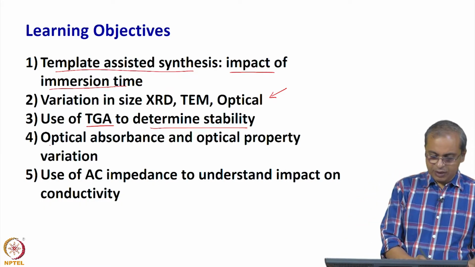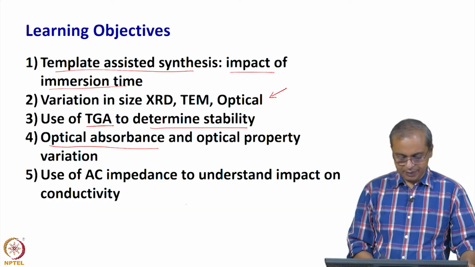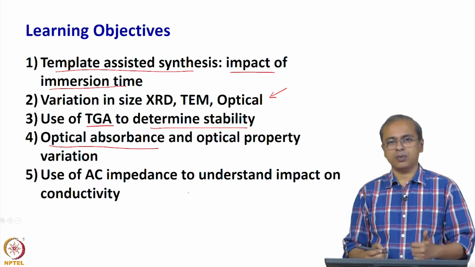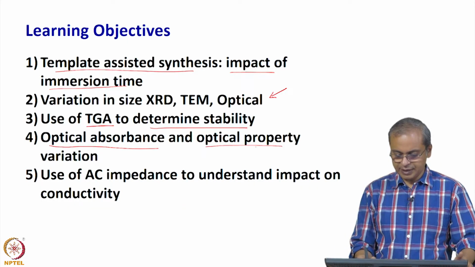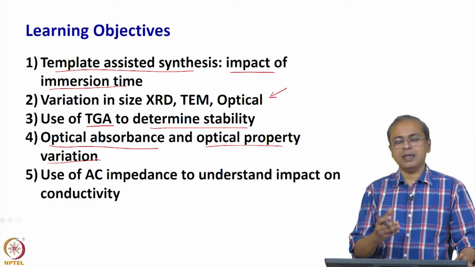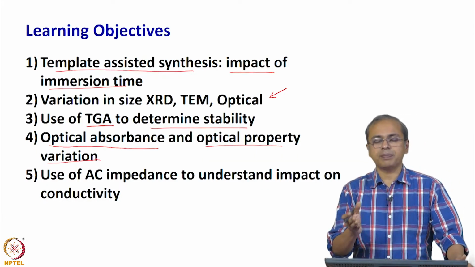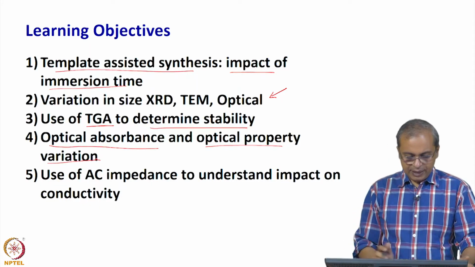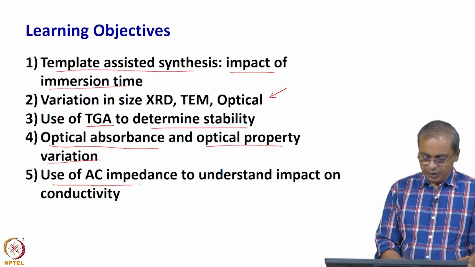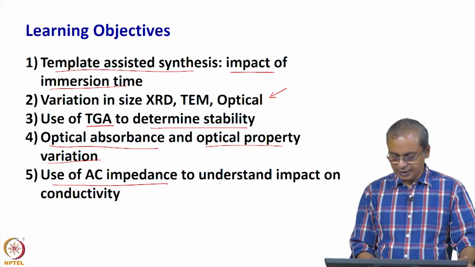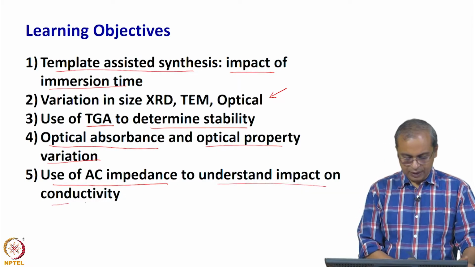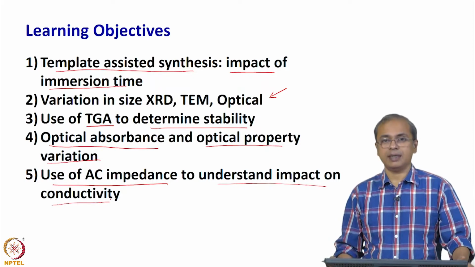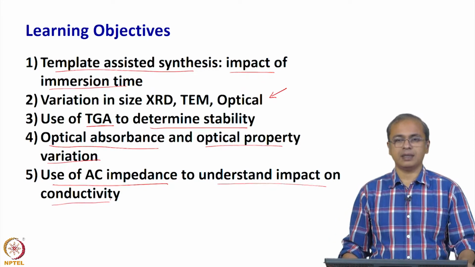We will then look at optical absorbance, and therefore at the optical property variation from sample to sample, and the size dependence of the optical property. And finally, we will look at the use of a technique called AC impedance to understand the impact on conductivity due to the presence of these nanoparticles.